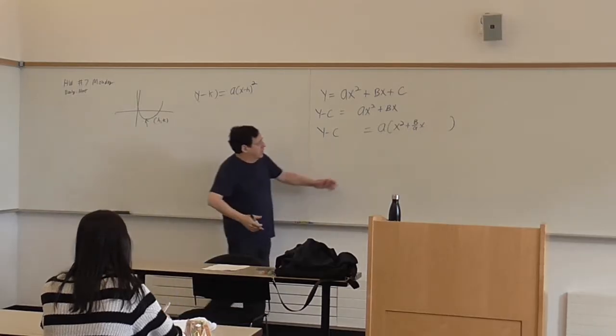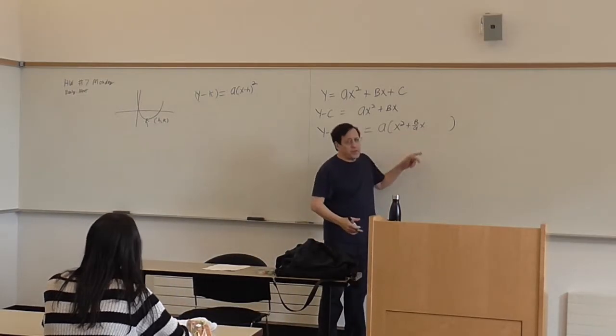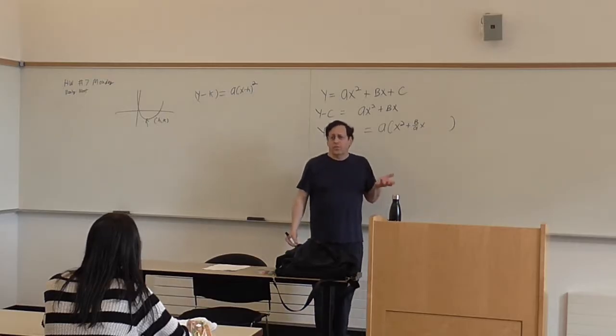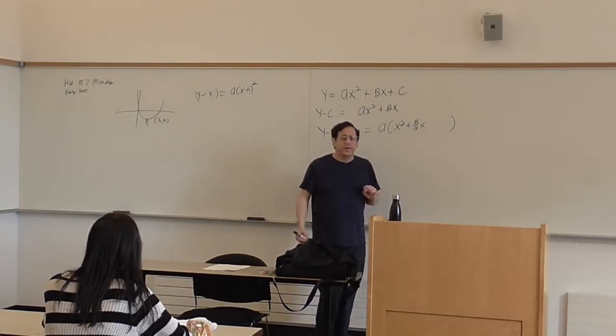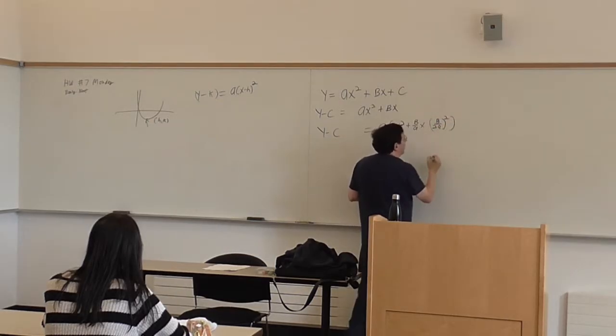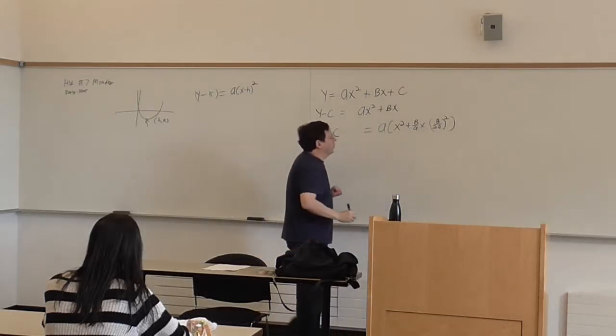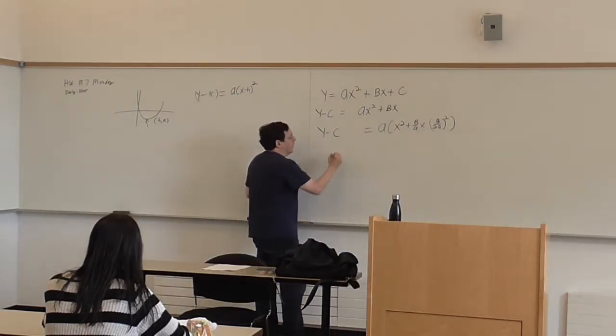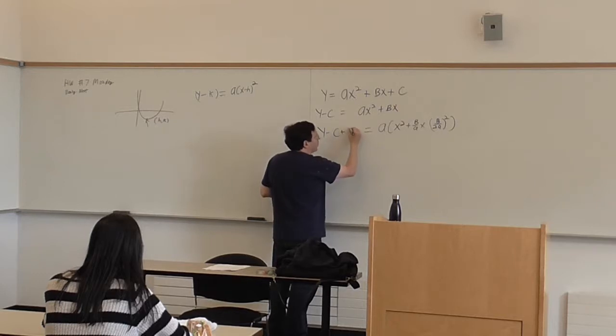Well, we take the coefficient of x, we divide it by 2, and we square it. So (b over 2a) squared, that's the magic number to complete our square. Well, I have to add it to both sides.